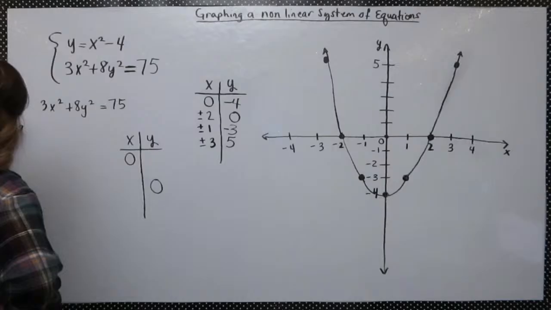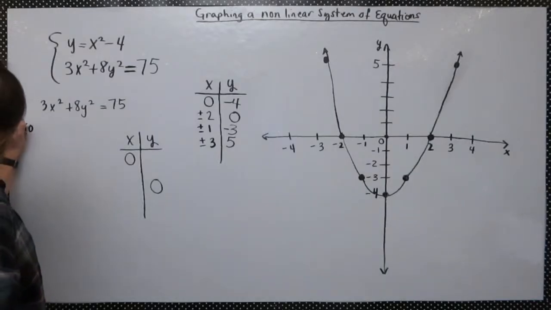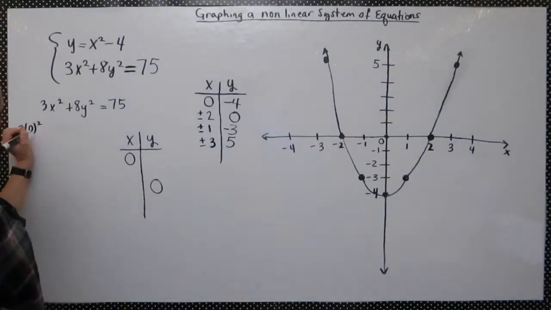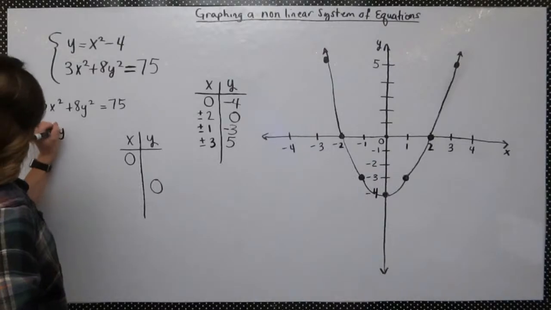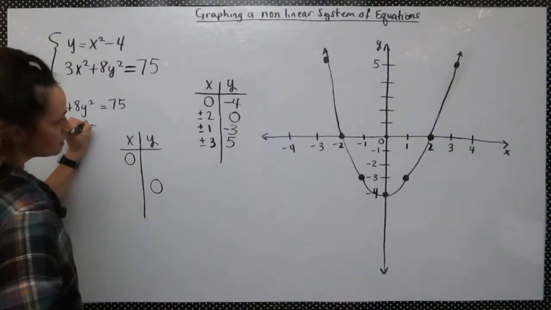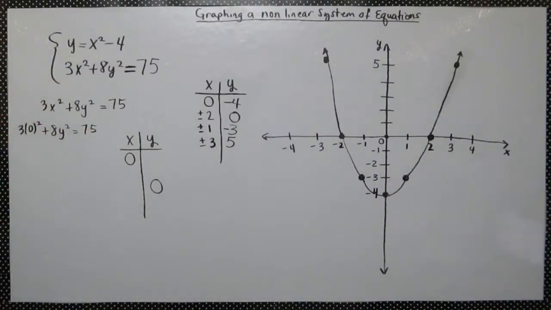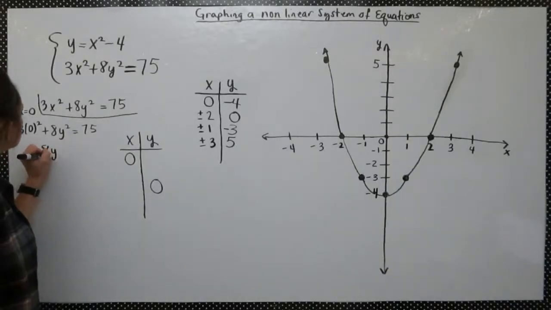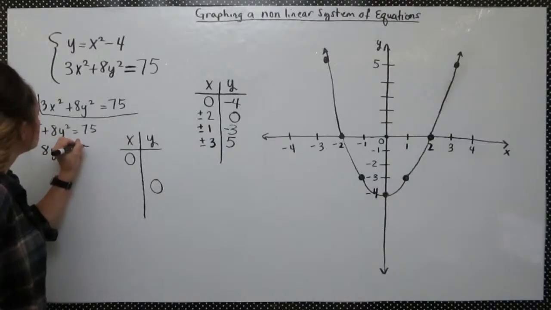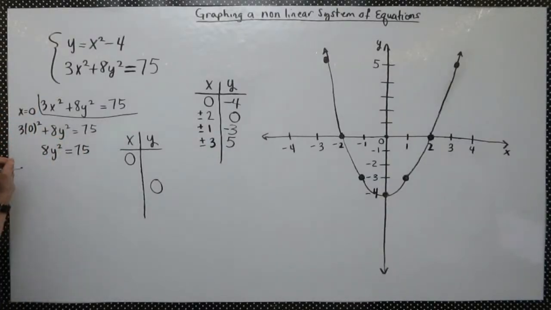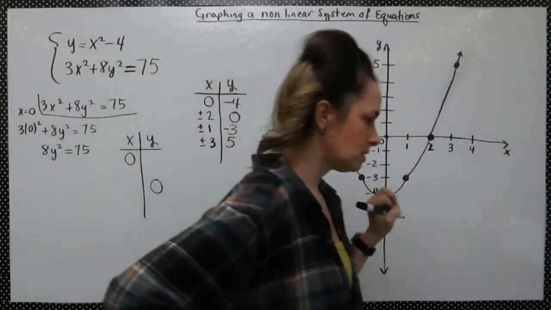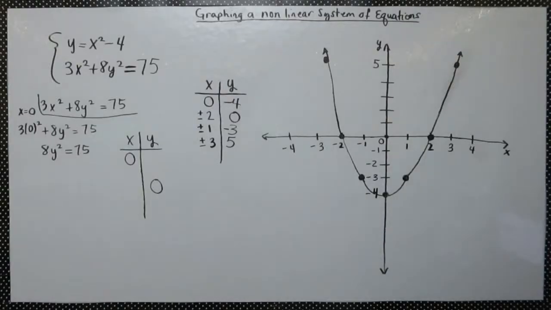So we're going to say 3 times 0 squared plus 8y squared equals 75. Just plugging in 0 for x into this function. All right, so we've got 8y squared equals 75. I don't think that divides evenly, but let's make sure.